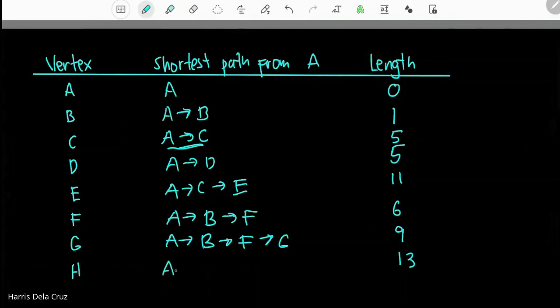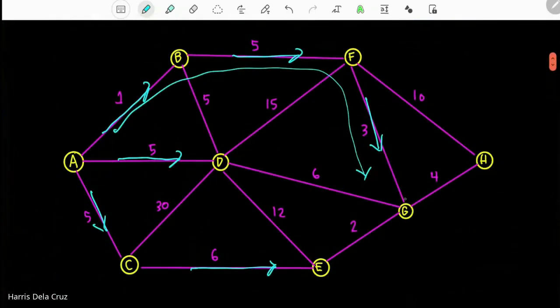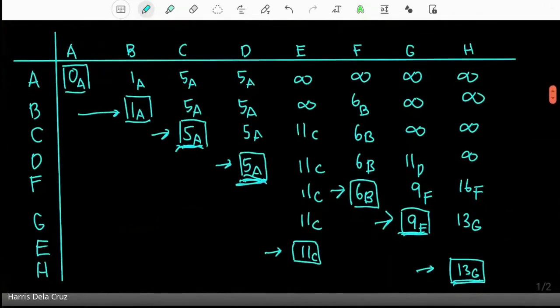So that's A to B to F to G and then finally to H. In our graph, starting from G, you can now go to H. So that's the shortest distance from A to H: A to B, B to F, F to G, and finally G to H. That's how we find the shortest distance from an initial point to any of the points in our graph, and that is called the Dijkstra algorithm.